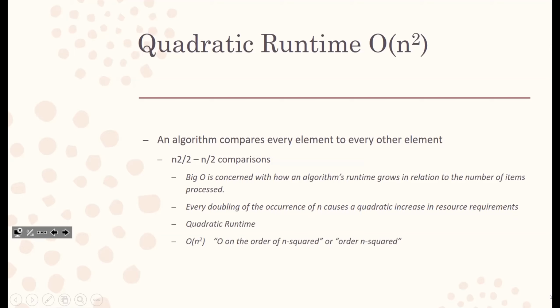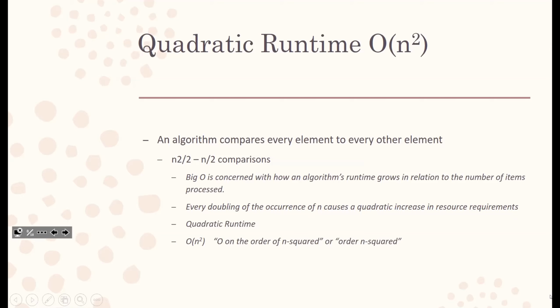So now we have a big change in performance as the size of the array increases. This is considered O on the order of n squared, or order n squared, because every increase in n results in a quadratic or a squared increase in resource requirements.